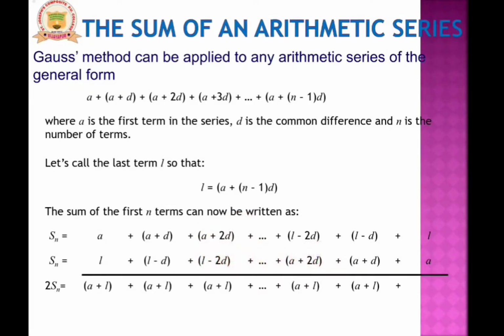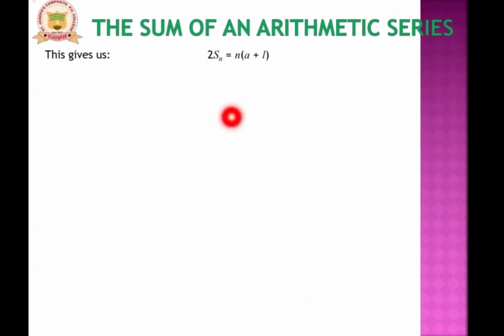In this manner we get a plus L, a plus L, a plus L, so on. So 2Sn is equal to a plus L plus a plus L plus a plus L, so on, a plus L. So this can be written as 2Sn is equal to n times a plus L.